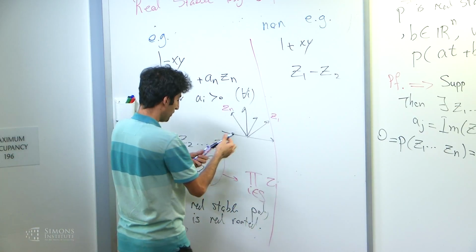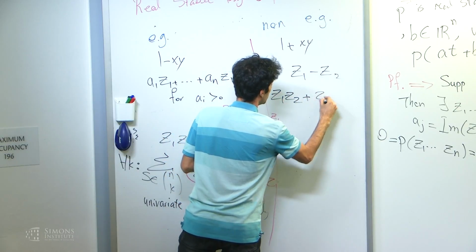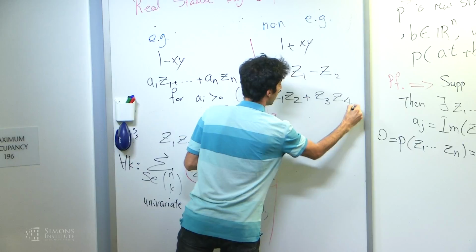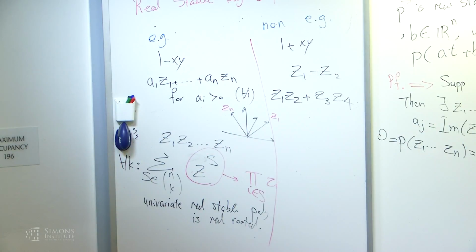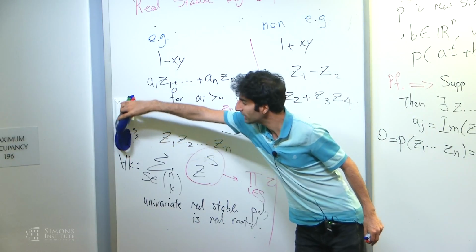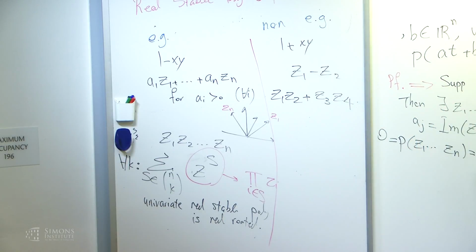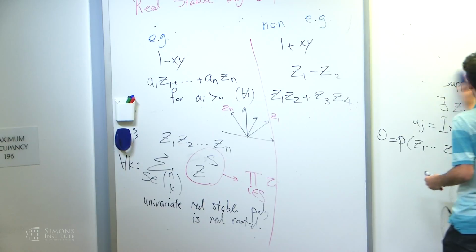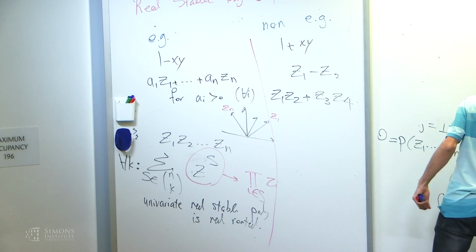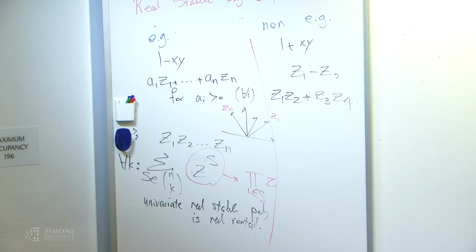One other non-example is this: z1 z2 plus z3 z4. This is a non-example. It's an important one. You can actually plug in numbers to prove that this is not a real stable polynomial. But instead of that, I want to state one theorem about real stable polynomials, which actually says a limitation of this class of polynomials.